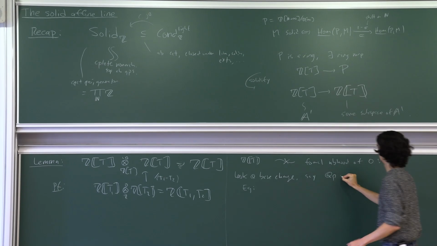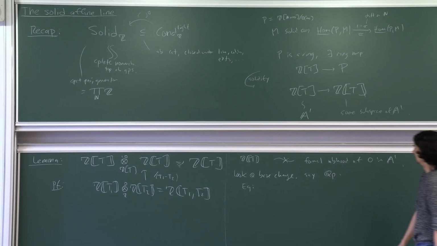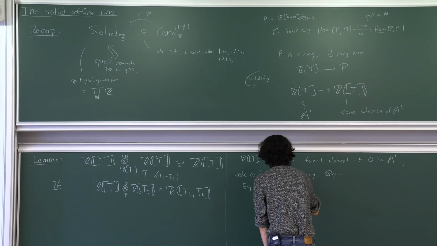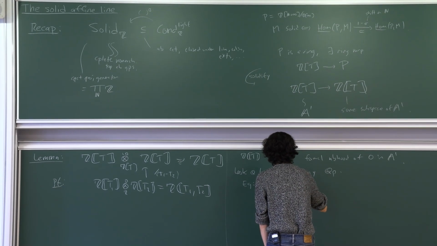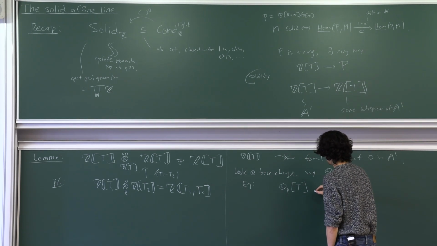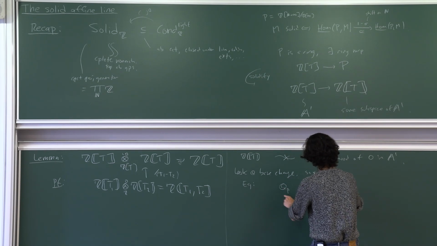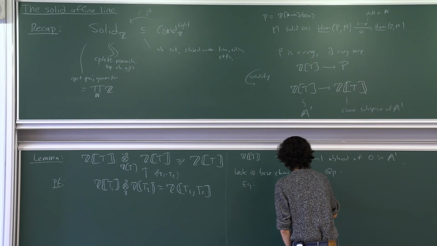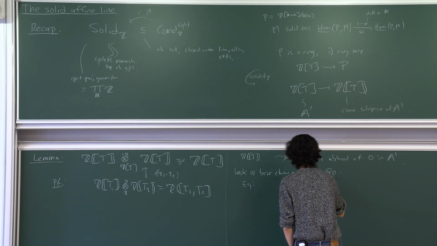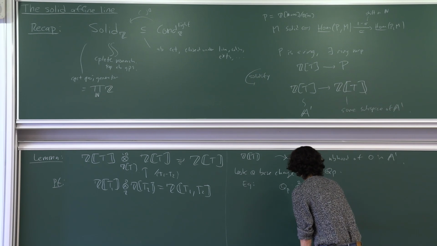I'll just take the simplest example, Q_p, and we'll see what pops up. So we take Q_p, and then we do a solid tensor product with this thing here, and we want to compare this to Q_p power series T.